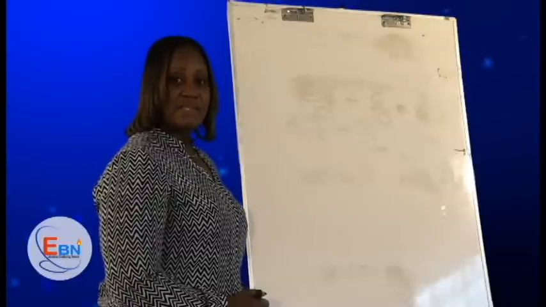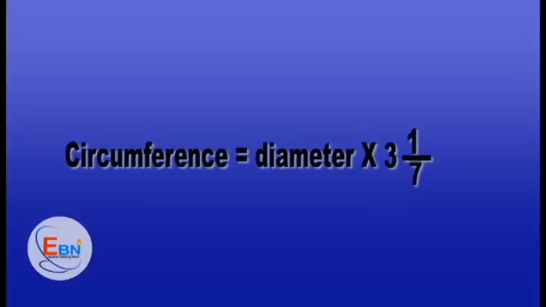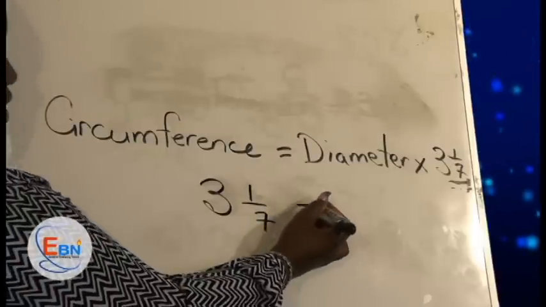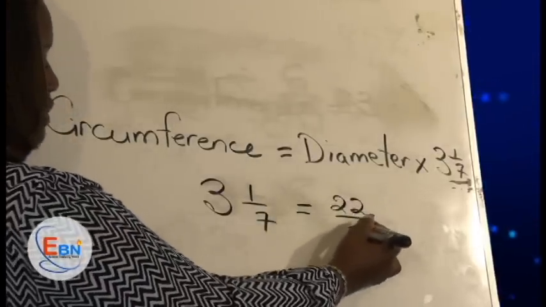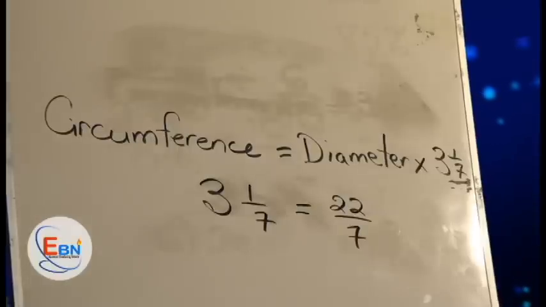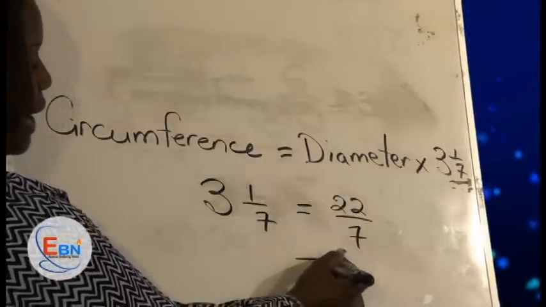Let me now write this in a statement. The circumference equals the diameter multiplied by 3 1/7. 3 1/7, the same thing as 22/7, is what we refer to in mathematics as pi.